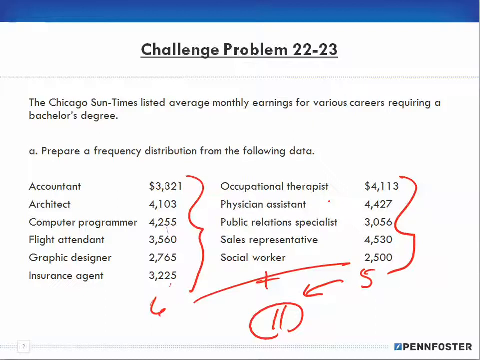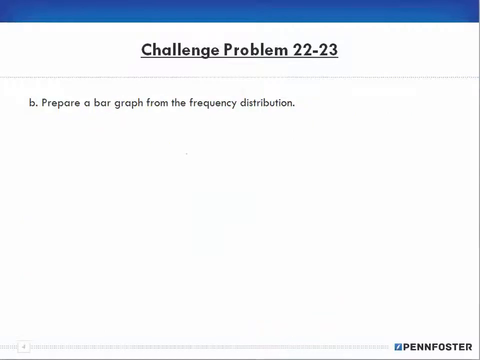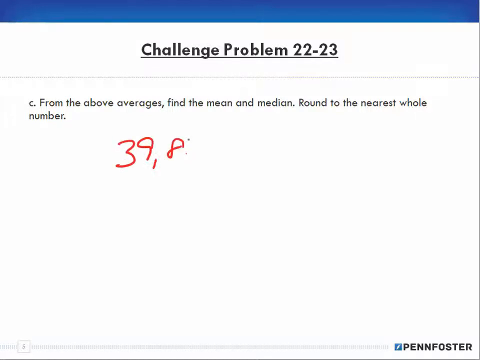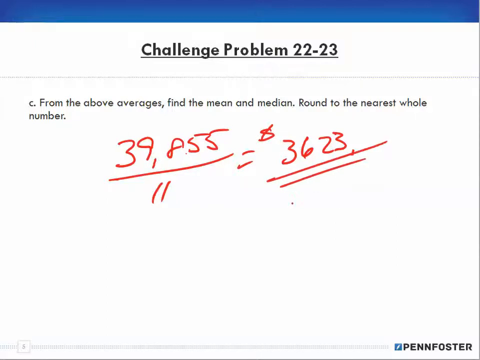Now, when I add up all of those numbers, I end up with 39,855, and I'm going to divide by 11 because there's 11 data points, and that gives me 3623. I'm rounding to the nearest whole number, so the mean is 3623.